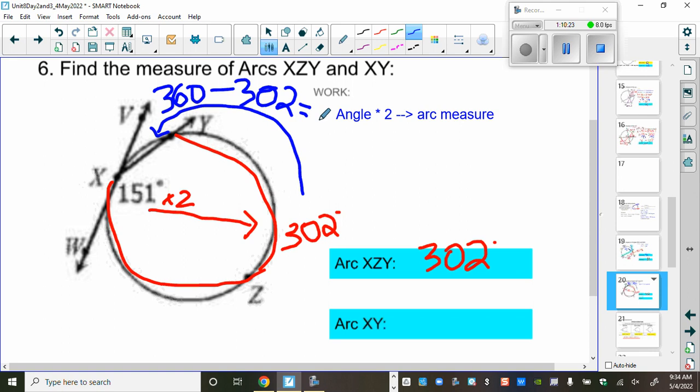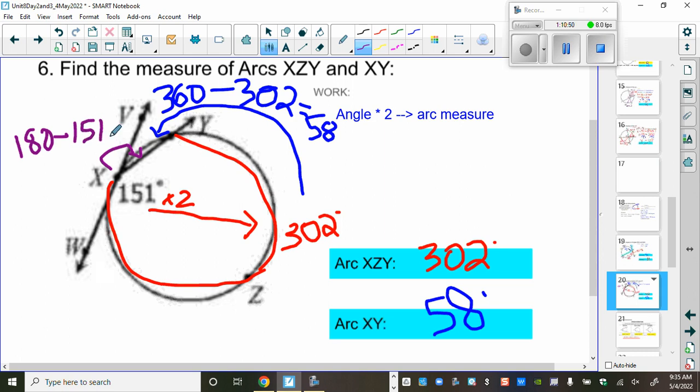It's 58. And it works because this little angle right here, what's 180 minus 151? Somebody get me that real quick. 29. So 29 is half of 58.